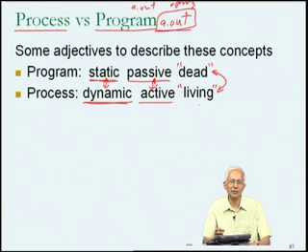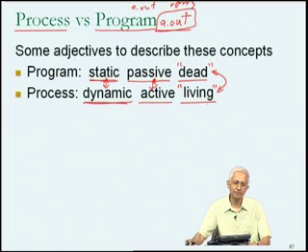Its time scale may be a little different from what we may observe of the tree during our observation period. That's the reason I put these words between quotes, because in some sense the distinction between dead and living may be in the eyes of the beholder. But very clearly, from now on we would think about the process as being this active, dynamic entity for which the word living may be appropriate.